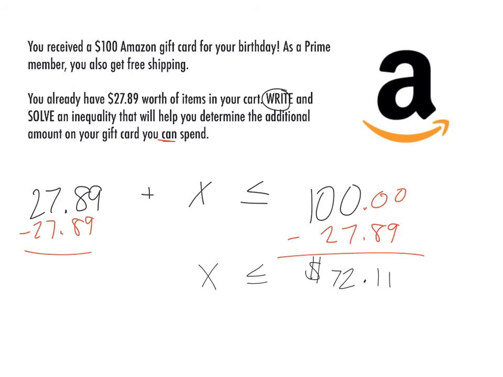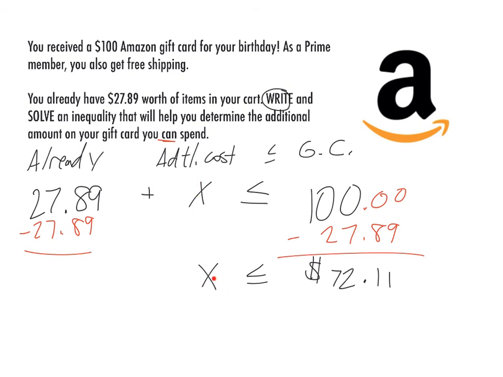So what does that mean? Well, what it means is, let's go back here, right? This was the cost of the items we had already put into our cart, plus the additional cost of items needs to be less than or equal to the amount on our GC, our gift card, right? So the x stood for the cost of additional items.